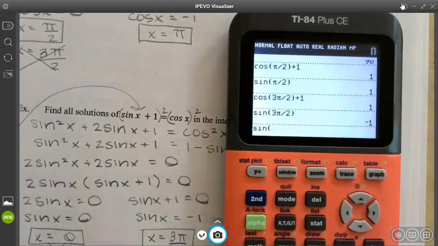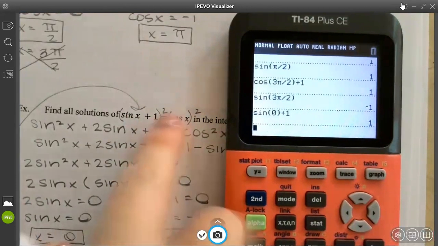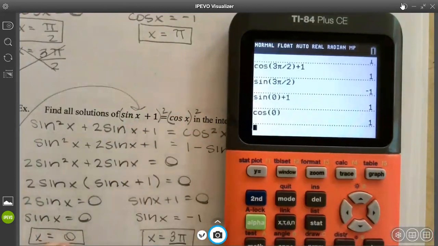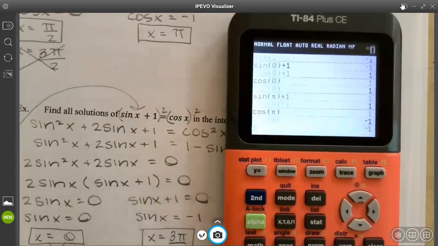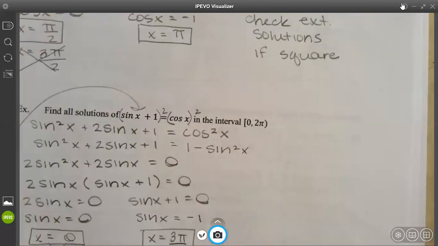So sine, our answer was 0 plus 1. And then you check the other side, cosine 0. What do we get? Both ones. If they're equal, it works. If we plugged in pi, so sine pi plus 1, and then cosine pi, we get 2 different values. So we know they don't work. Does that make sense? All right.